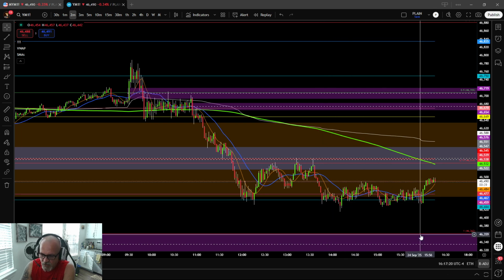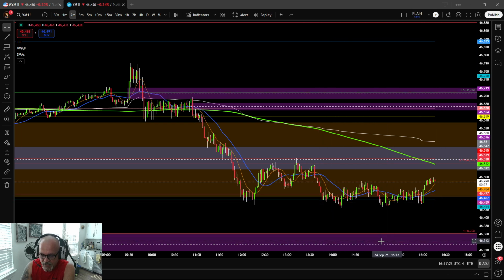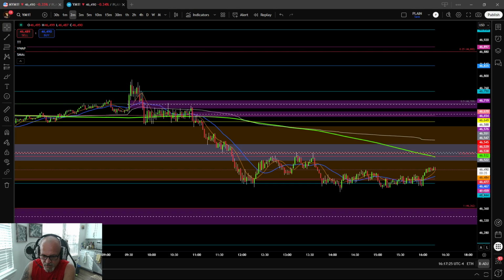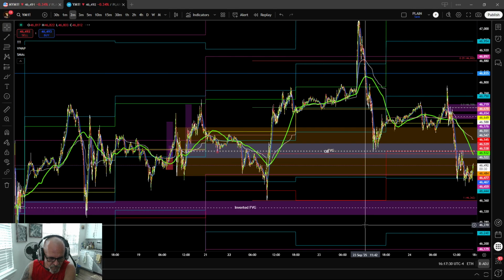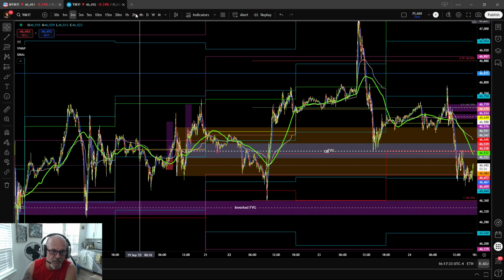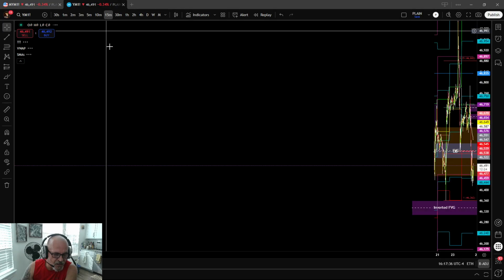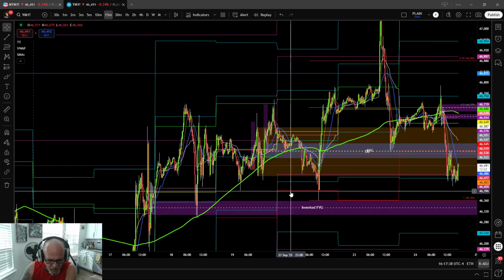And just below the bottom of the dealing range is another inverted fair value gap, okay, on the 15-minute time frame. Let me just make sure that is inverted and I have the right color on there, right?